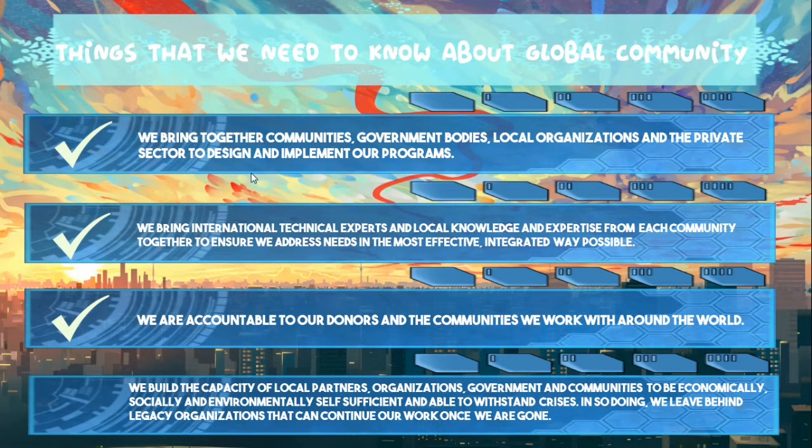In so doing, we leave behind legacy organizations that can continue our work once we are gone. These are the 4 important things that people should know to understand how global community really works and contribute to the country itself.